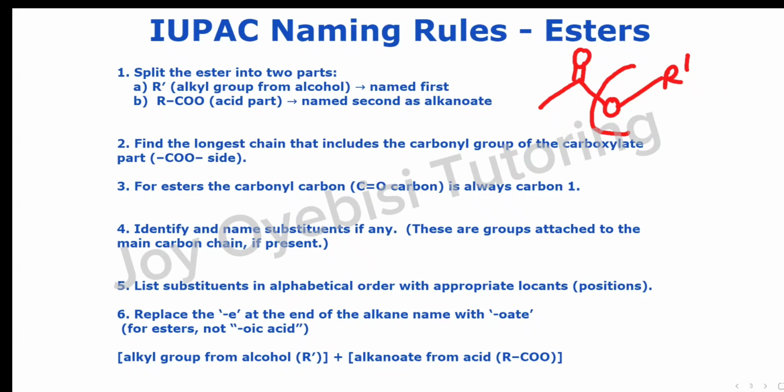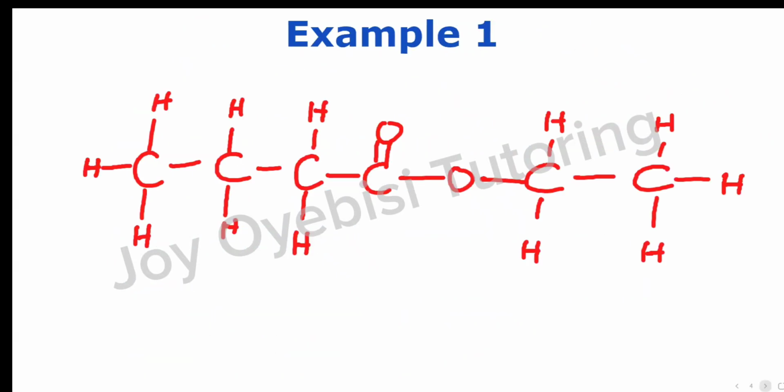So let's look at examples. Example 1, we are asked to name this compound. First thing is you identify what type of functional group you're dealing with, and this is an ester. Ester because it has a double bond O attached to O, which is attached to a carbon. This is our R group we're talking about, while this is the R', okay?